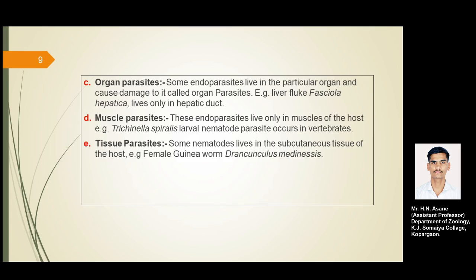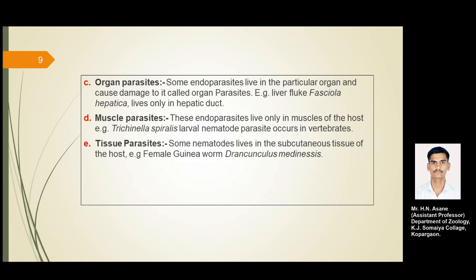The female guinea worm's scientific name is Dracunculus medinensis. Some other species of Dracunculus are also seen in the environment. The name guinea worm is due to the first occurrence of this case in Guinea, a country on the African continent, so it is named the guinea worm.